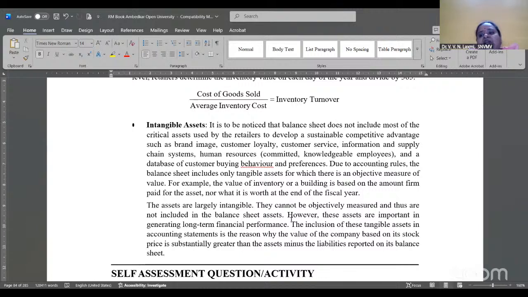So intangible assets include the brand name, the goodwill of the retailer, the knowledge and the performance of the employees employed with that particular retailer, the customer loyalty that the retailer has gained over the years because of his loyal service to the customers, and the type of merchandise, the depth of the assortment that the retailer is carrying, because they could be specific merchandise that is not available in other shops, and also the information carried by the retailer, the demonstration of the use of the product that is done by the retailer, and other types of services that are intangible and provided by the retailer.